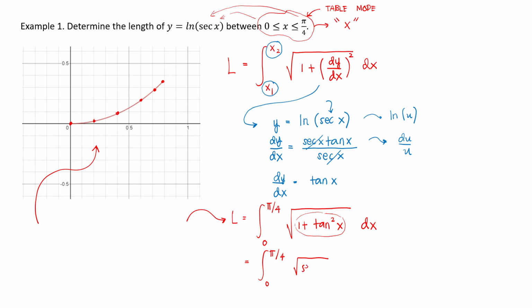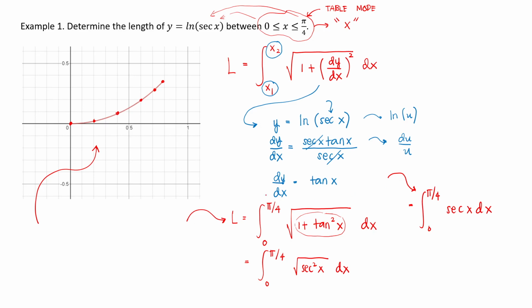So this becomes secant squared x dx. Simplifying further, this becomes the integral from 0 to pi over 4 of secant x dx. I think this is much better to input in the calculator compared to the square root function, so just try to help your calculator.